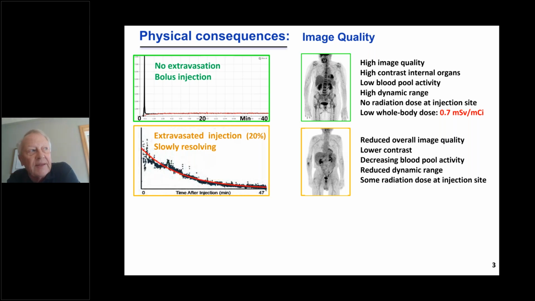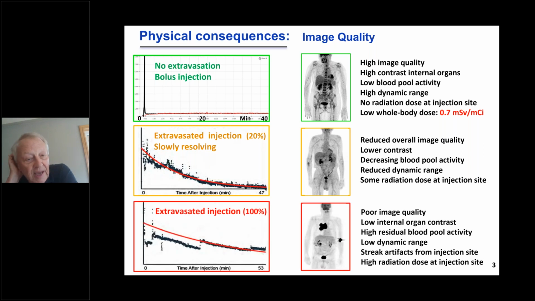But obviously, the fact that it was not cleanly injected reduces the overall image quality, reduces the contrast of the image, as you can see in the image in the center, decreases the activity in the blood pool, and reduces the overall dynamic range. And of course, you'll get some radiation dose at the injection site in a relatively small volume of tissue.